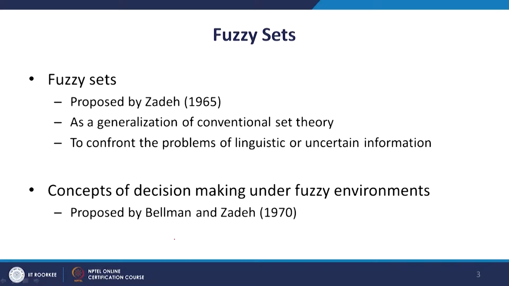Now, how has the development of fuzzy sets happened? We are going to talk about a few specific points. Fuzzy sets were proposed by Zadeh in 1965, as a generalization of conventional set theory that we are already familiar with. The main idea, as we have talked about, is to confront the problems of linguistic or uncertain information.